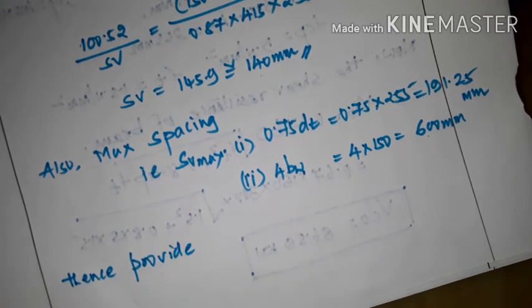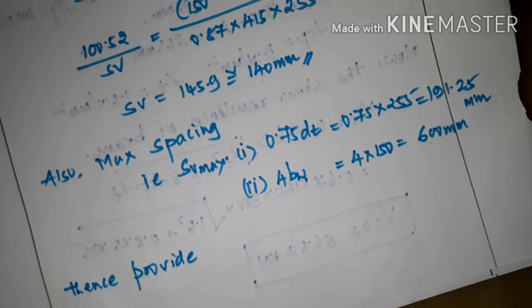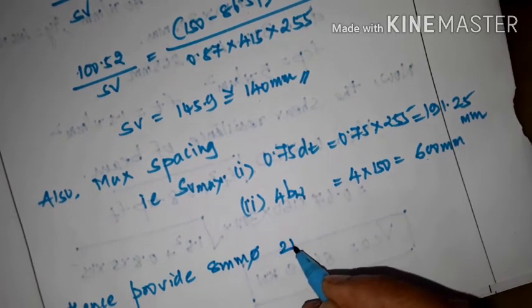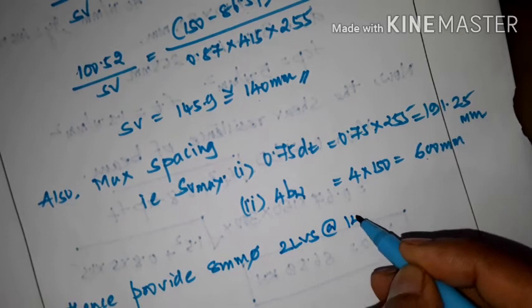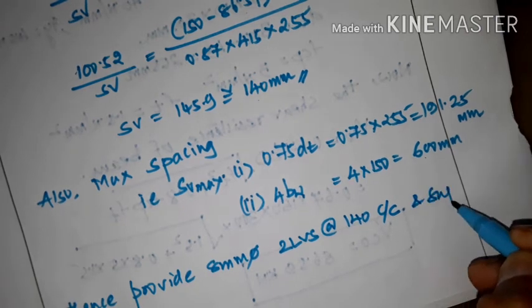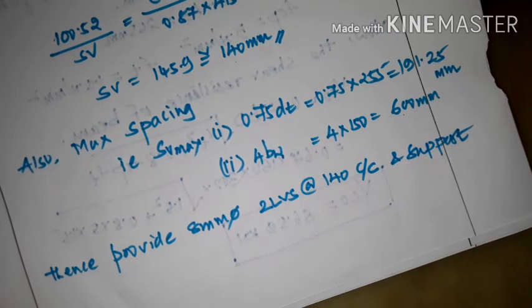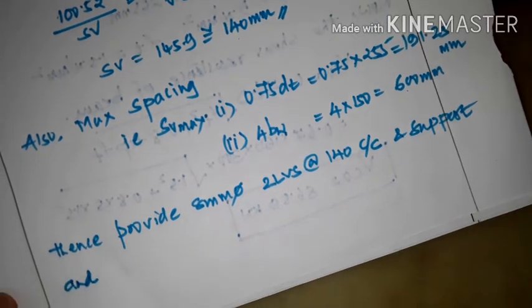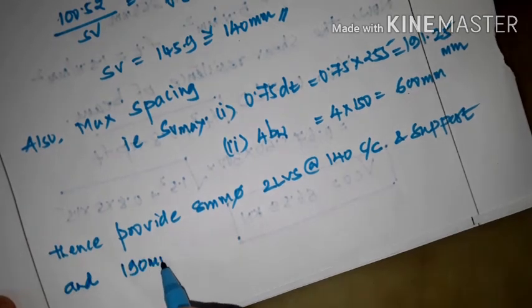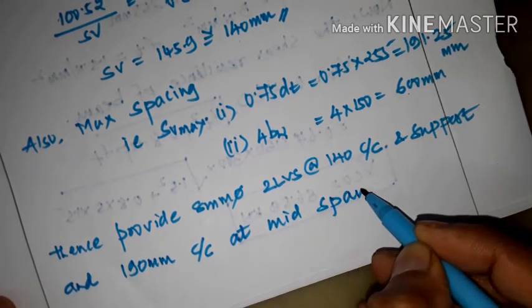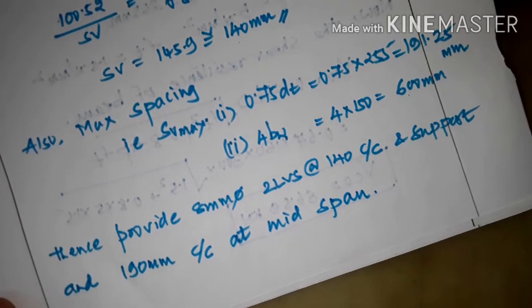So you can write, hence provide 8 mm dia 2 LVS at 140 mm center to center at support and 190 mm center to center at mid span, because at mid span the shear force will be minimum.